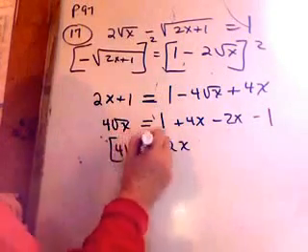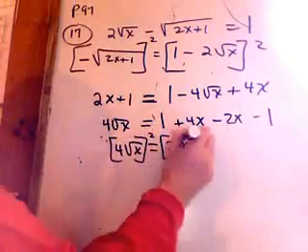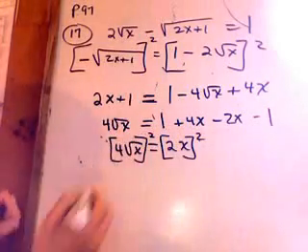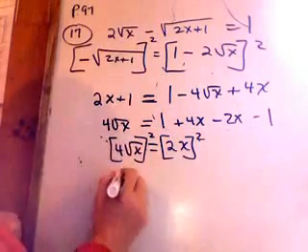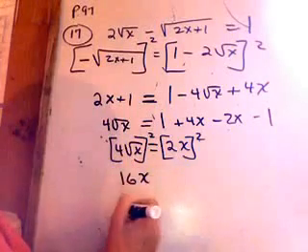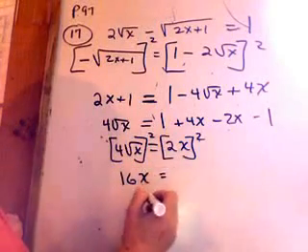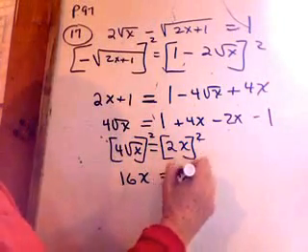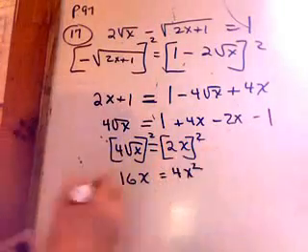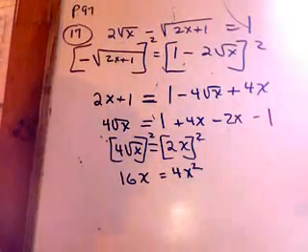Now, square both sides again. You follow what I'm doing, right? You've done this before. All right, what does this become? 16x. What does this become? 4x squared. You with me so far?